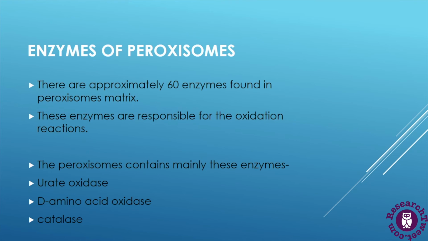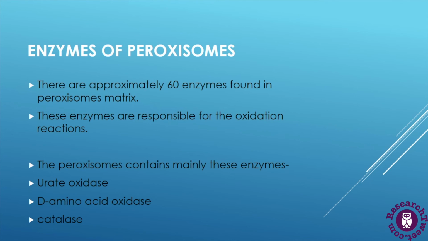There are two types of enzymes, peroxisomal oxidases and peroxisomal catalases. Urate oxidase is a part of the peroxisomal oxidases, and other enzymes like glycolate oxidases and amino acid oxidases are also peroxisomal oxidase enzymes.